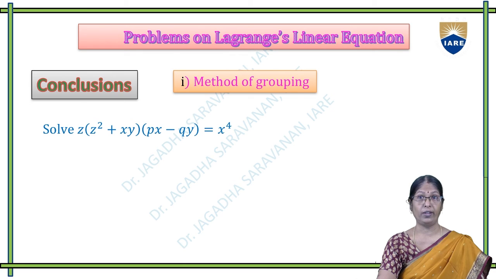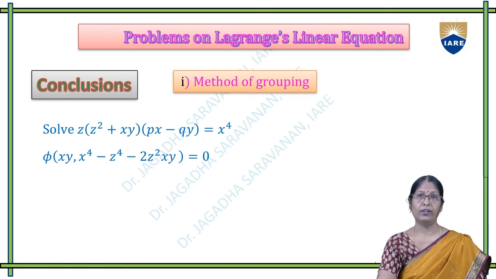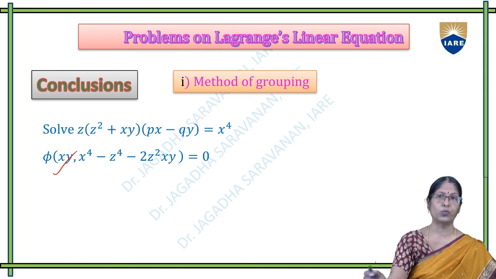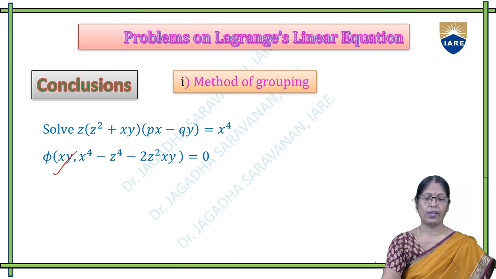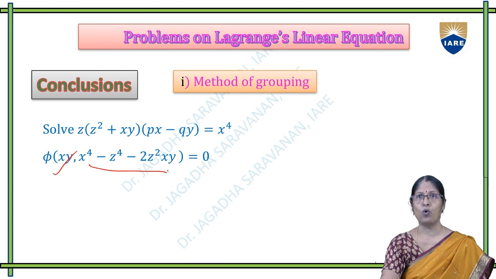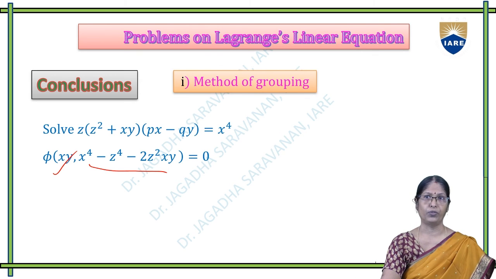First, looking at the question itself, it does not satisfy the format of Lagrange's linear equation, because it should be Pp plus Qq equal to R. First, we modified the question to bring it to the format of Lagrange's linear equation, and the members we obtained, then we solved it. Finally, two results we obtained: C1 equal to xy and C2 equal to x power 4 minus z power 4 minus 2z square xy, which is equal to 0.